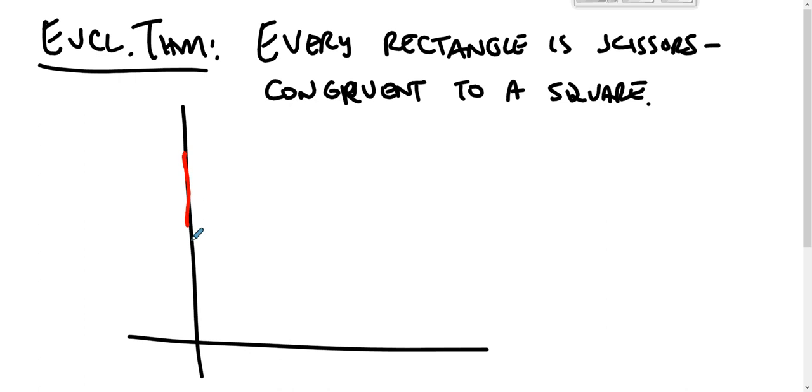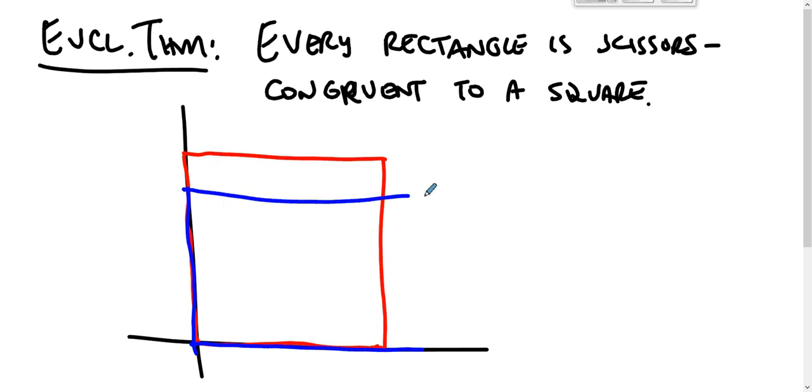So let's pretend that you have some rectangle, and you know that it's scissors congruent to a square of some kind. Maybe this is the square with the same area. But it doesn't matter because it generalizes nicely to any two rectangles of the same area.